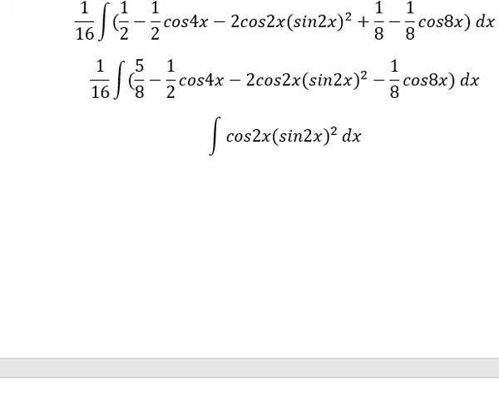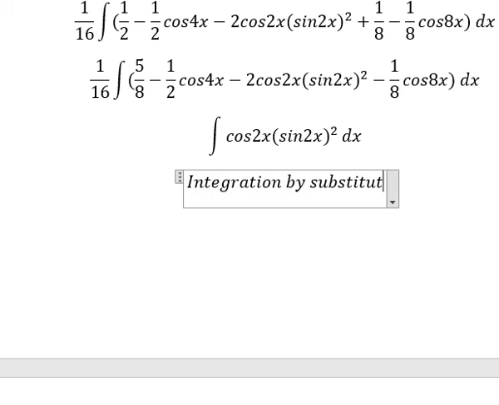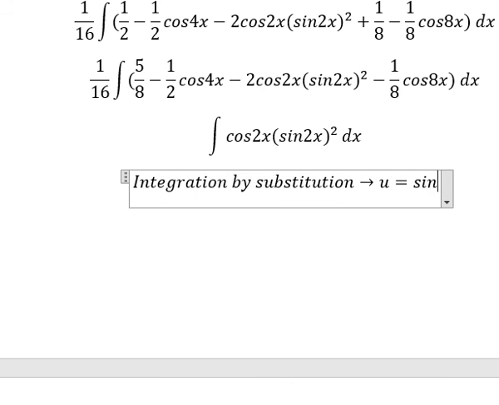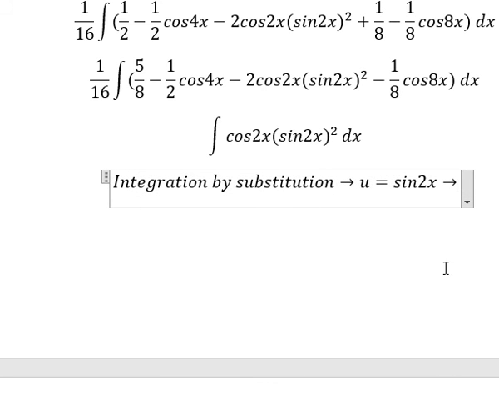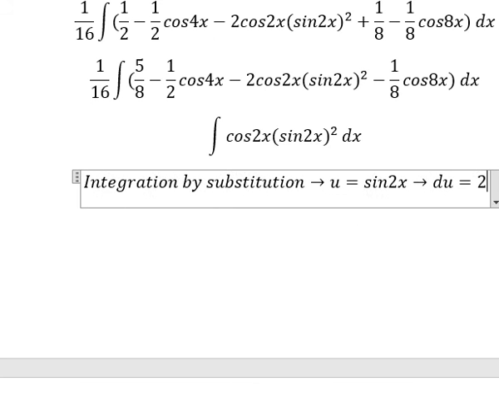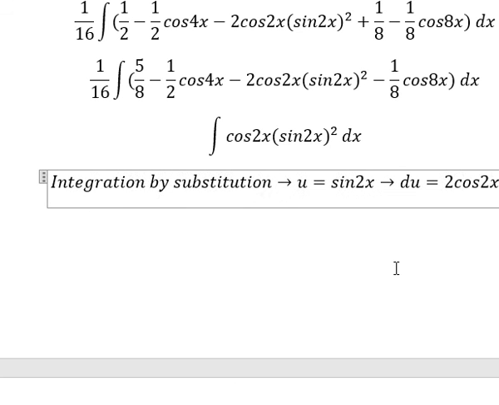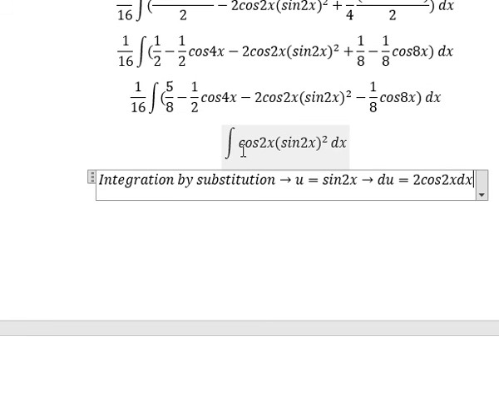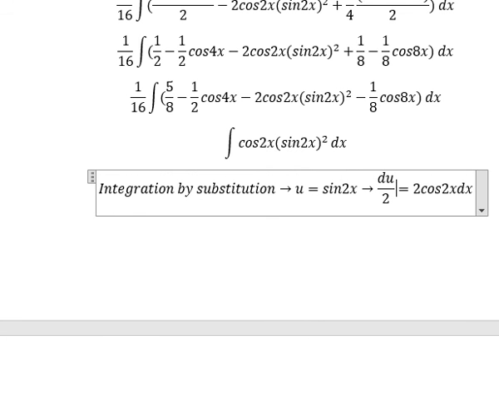So I need to use integration by substitution. So I will put u equal to sine 2s. So we first take the derivative of both sides. We have 2 cosine 2s ds. Because we don't have the number 2 in here, we divide both sides by 2.